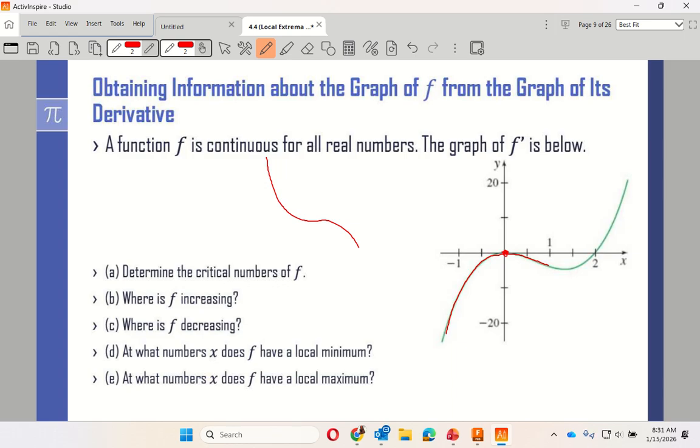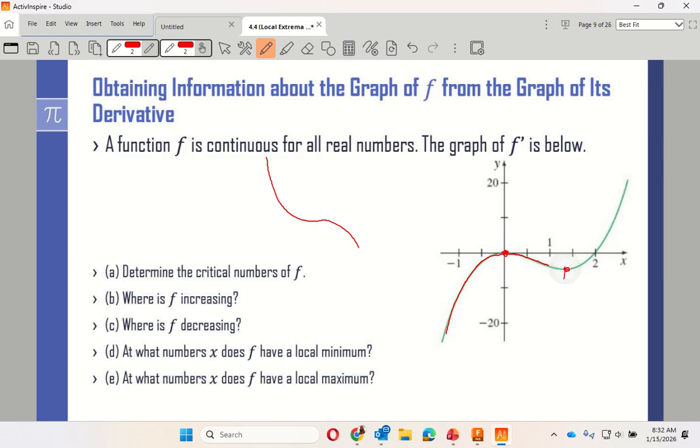Right? Okay. Now, let's take a look right here. What do you think that's doing? It's changing, right? So that means it's decreasing at an increasing rate.